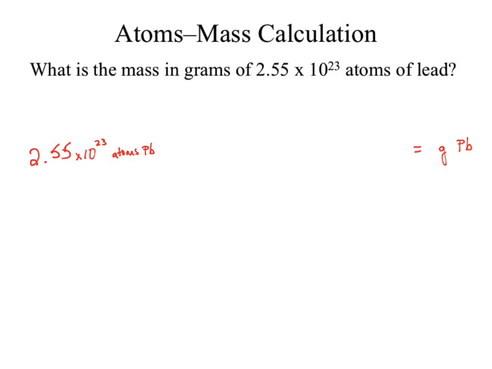Okay? So, first step. Moles over atoms, because we want to get rid of the unit. There's an argument that we should get rid of atoms of lead. Ideally, that would go to grams of lead. Is there a conversion factor that relates grams and atoms?